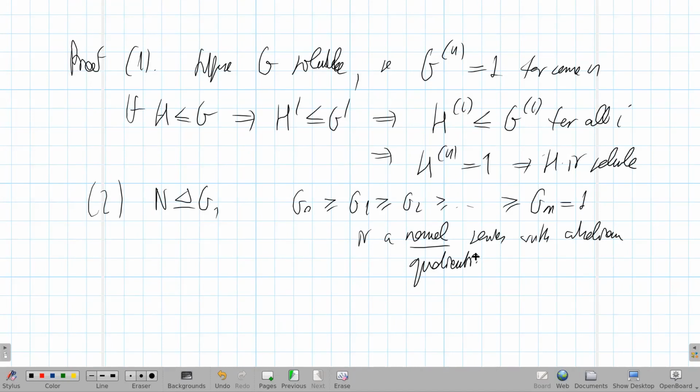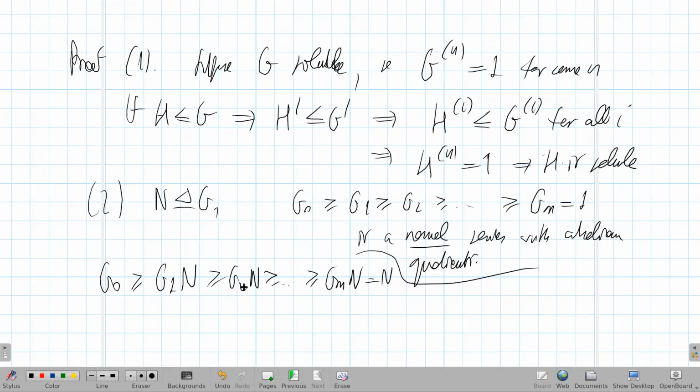Then consider the following subgroups: G0 N containing G1 N, containing G2 N, until Gm N is N, okay?